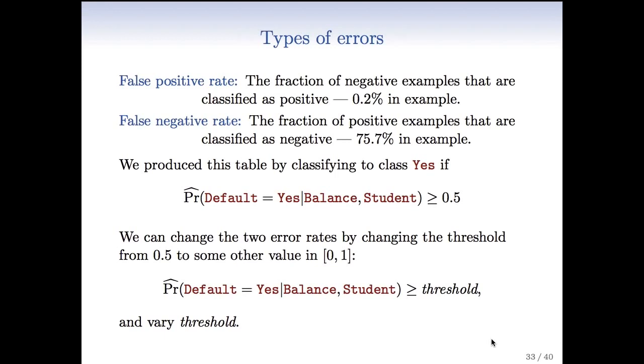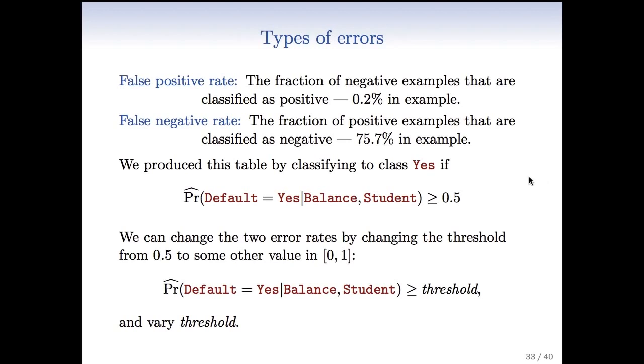So we break down these errors into finer categories. We call the false positive rate the fraction of negative examples that are classified as positive, right? So they're false positives. In that case, that was the 0.2%. And the false negative rate, that's the fraction of positive examples that are classified as negative, the 75.7% in this case.